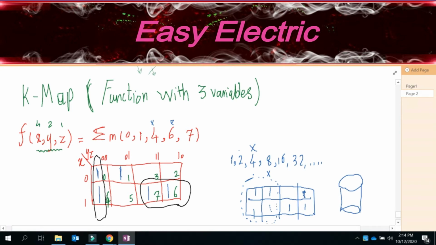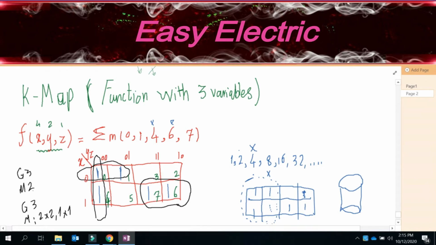Why? Because the number of groups should be the minimum and the members should be maximum. So that means the right way is this. So that means make 3 groups of 2 members, okay? So see, 3 groups, and the member count is 2 for each of them. If you do the other way, 3 groups with 2 members, 2 members and 1 member, it's not leading you to the simplest form.